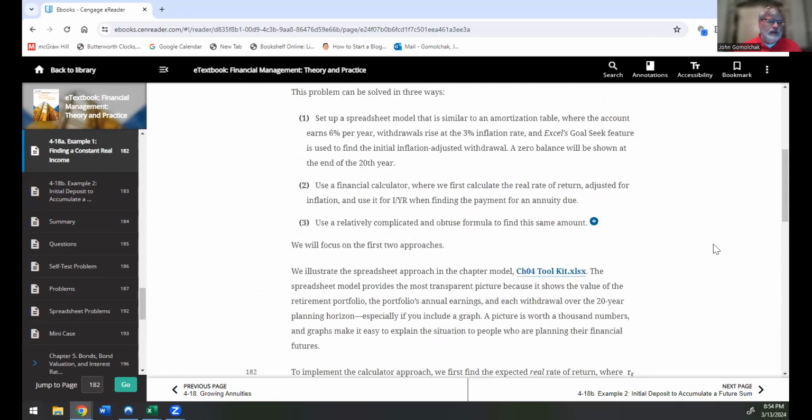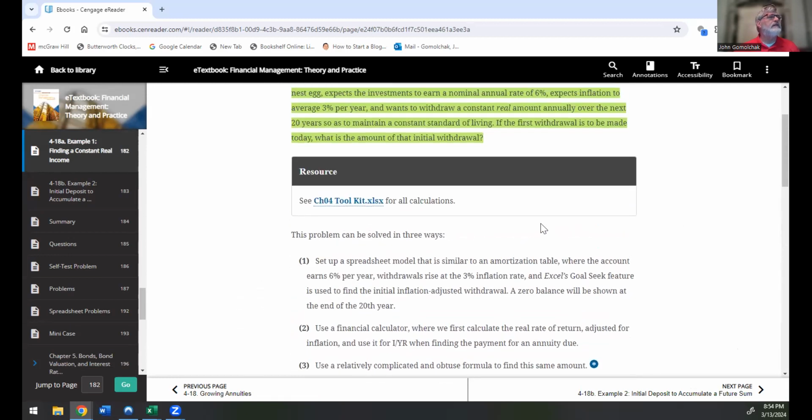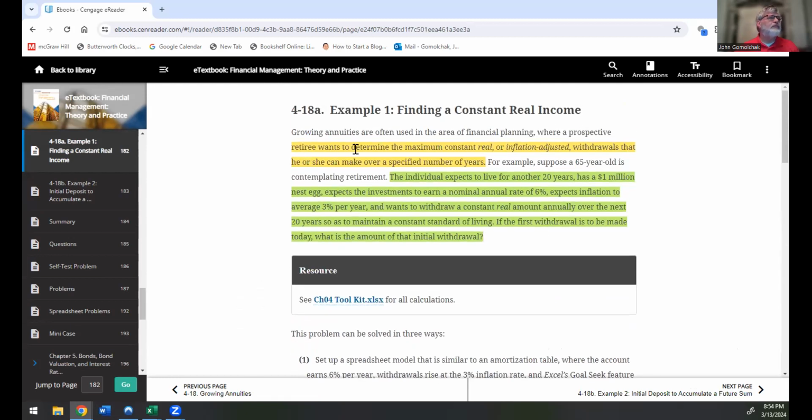All right, so let's see here. A prospective retiree wants to determine the maximum constant real, or inflation-adjusted, withdrawals that he or she can make over a specified number of years. Suppose a 65-year-old contemplating entire retirement expects to live 20 years, has $1 million in his retirement account, expects the investment to earn 6% and inflation to be 3%.